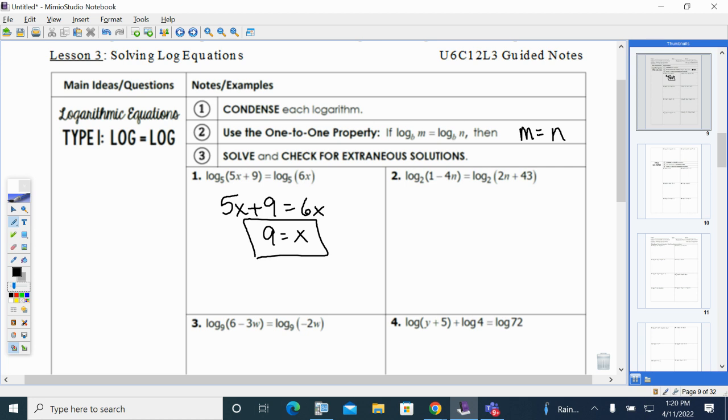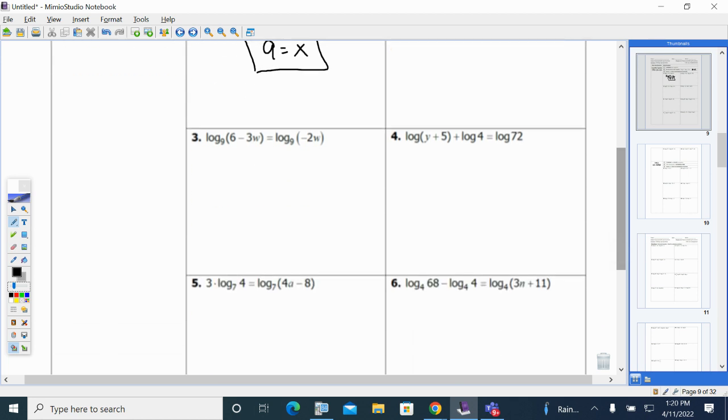Let's jump down to number 4. Notice on number 4, you have 2 logs on the left, 1 log on the right. We need to condense the left side because there's a plus in the middle. We are going to multiply the y plus 5 times the 4. So this is now going to say log of 4y plus 20 is equal to log of 72.